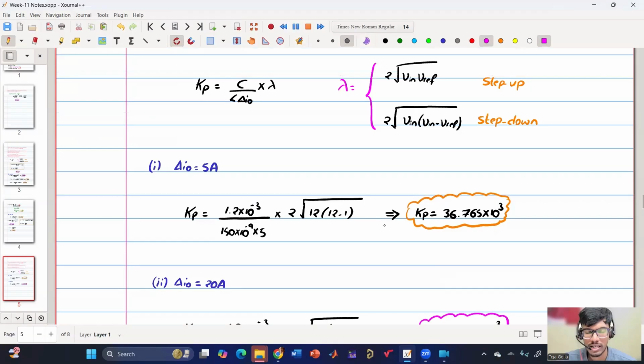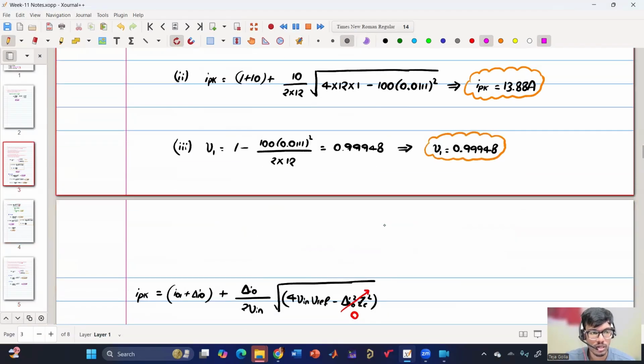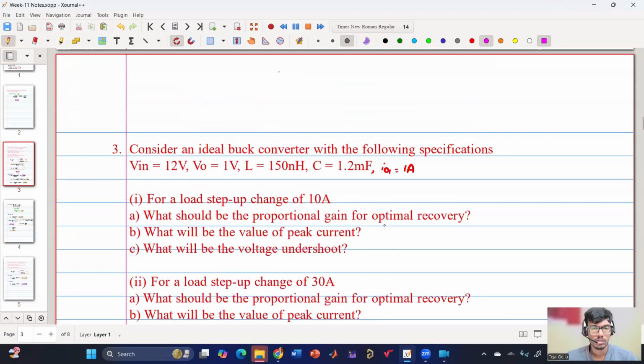So let me just quickly summarize these two problems, because it is critical. As you know, we have designed the controller using the small signal model as well as the large signal model. With the small signal model, there is a model validity issue because of the assumptions we considered during the modeling of the converter. So if we want to achieve faster or better performance when there are ultra fast transient requirements, then we need to design the controller using the large signal model, because the small signal model is not valid beyond a certain band.